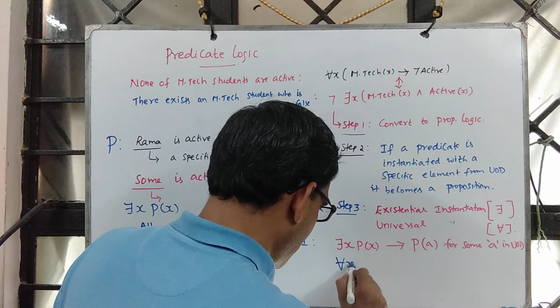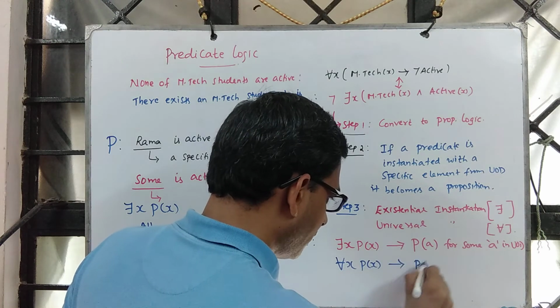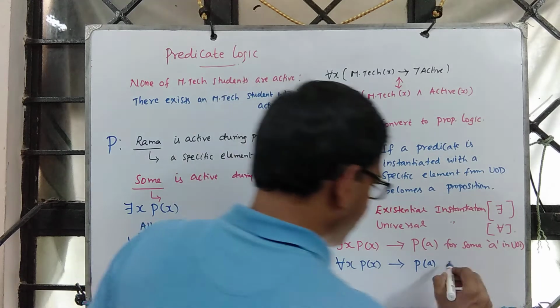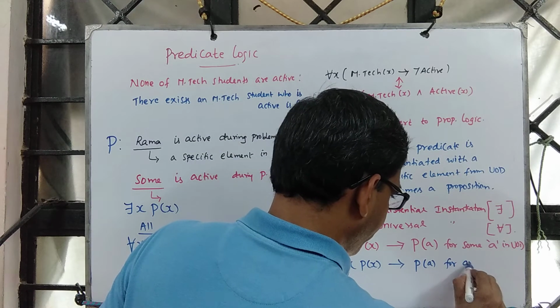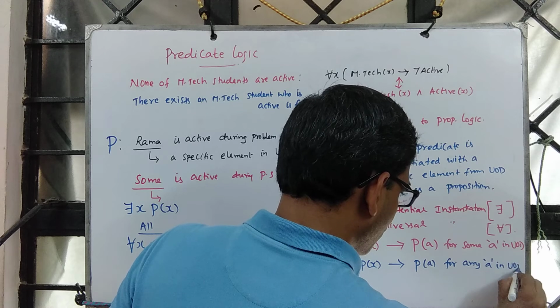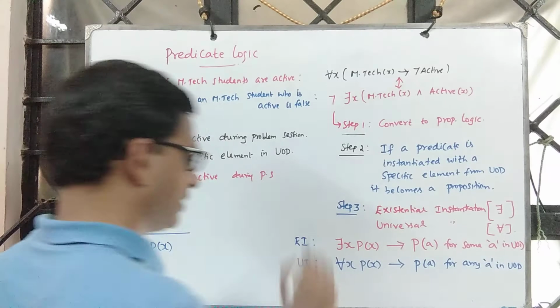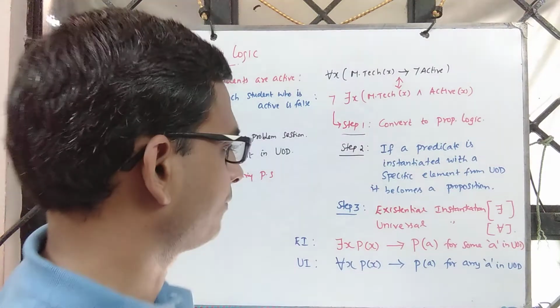For all x, P of x becomes P of a for any a in UOD. This happens with universal instantiation.